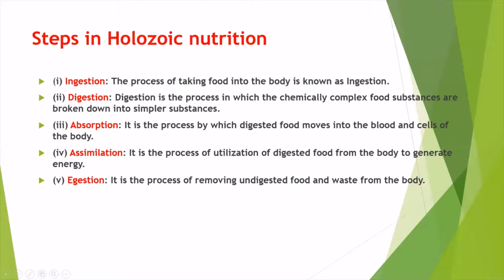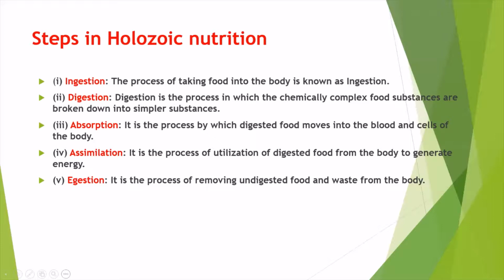So after absorption, after storing the food, what use is there if you don't use up the food? So assimilation is nothing but just using up the food, using up the generated energy from the food, and even some fats and proteins can be used for other purposes.